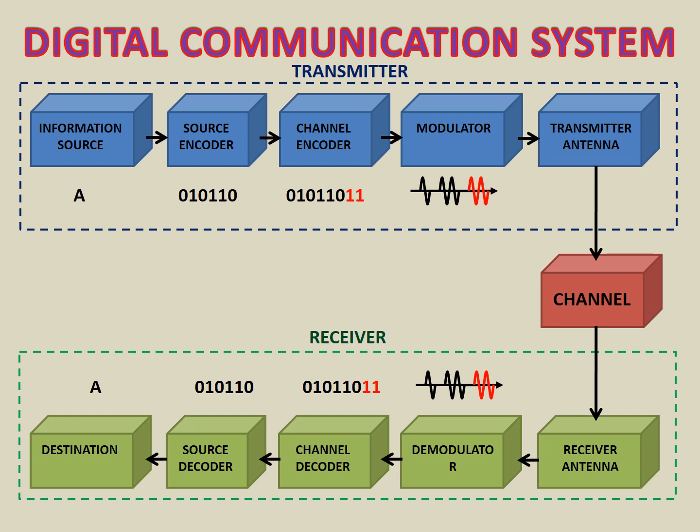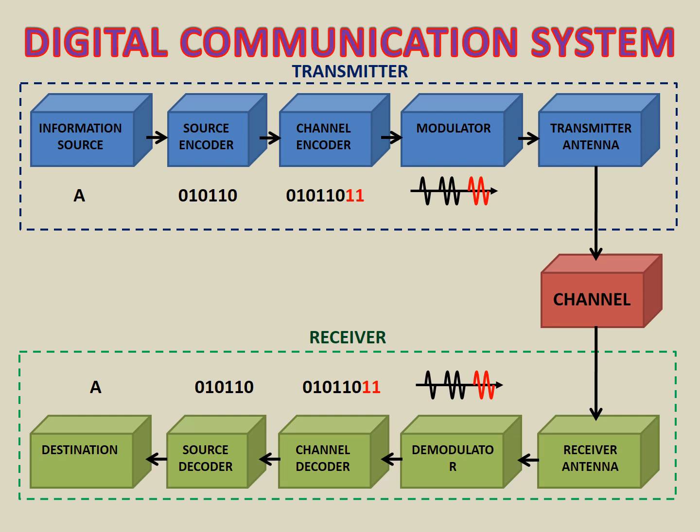Channel decoder, which is again the reverse process of the channel encoder, means it will eliminate the destination address from the demodulated signal. Source decoder converts the digital signal into an analog signal, that is, it is a digital to analog converter, and the reverse process of the source encoder.